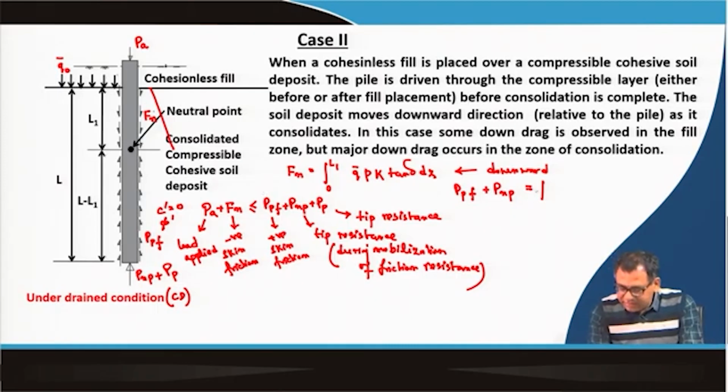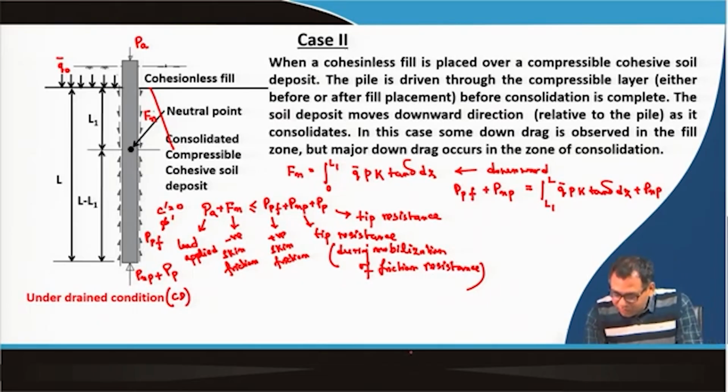So, 0 to L1 is the negative skin friction, and L1 to L is the positive skin friction, and the equation is same. Q bar, P is the perimeter, K tan delta into dz plus P and P.